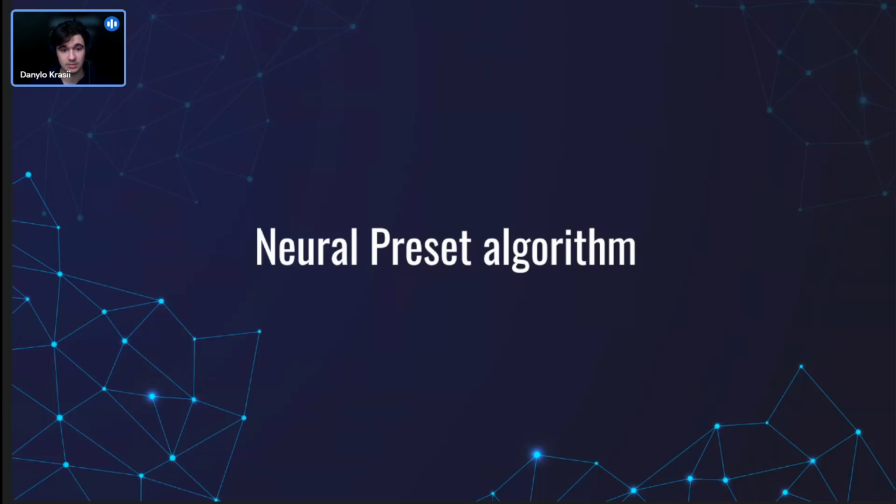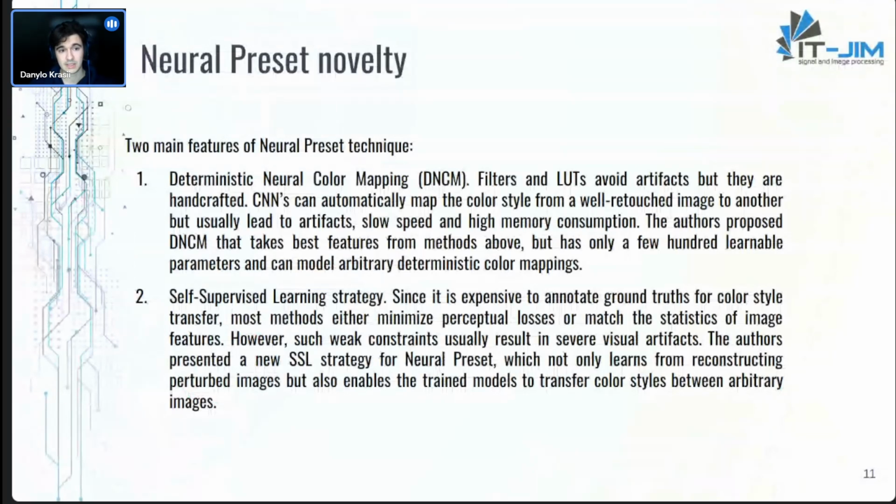So what did the authors present in the Neural Preset algorithm? They basically presented two main features. The first one is the deterministic neural color mapping module. Filters and lookup tables avoid artifacts, but they are handcrafted.